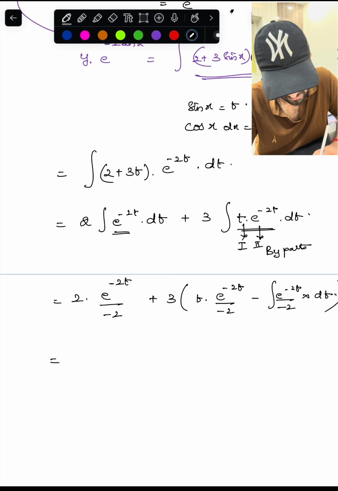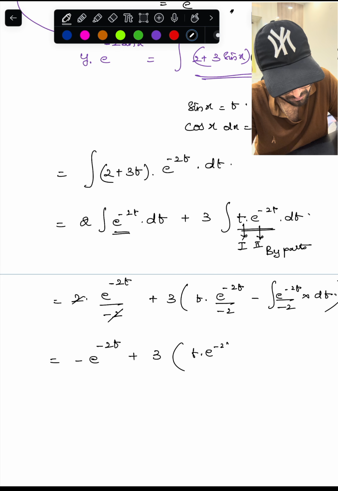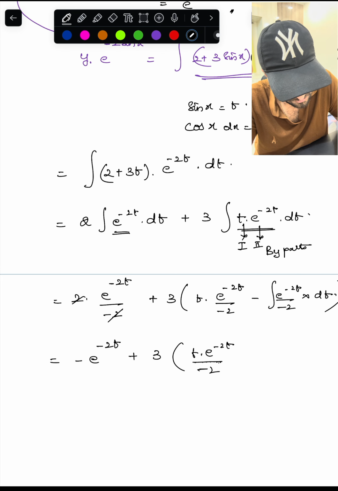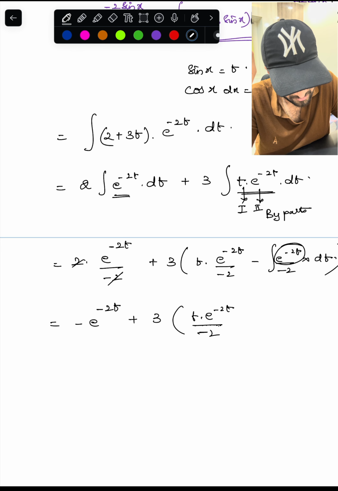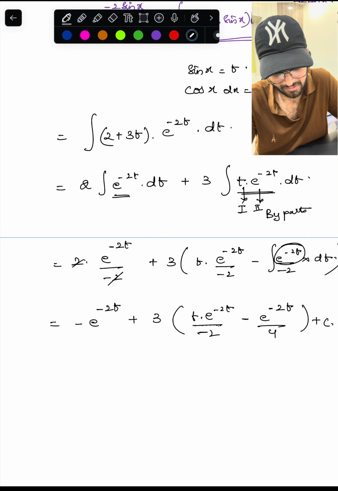right? So again you will be getting 2 cancelled: minus e power minus 2t plus 3 times t into e power minus 2t by minus 2. Here again, integration of this one, you will be getting minus e power minus 2t by 4 plus c, right?